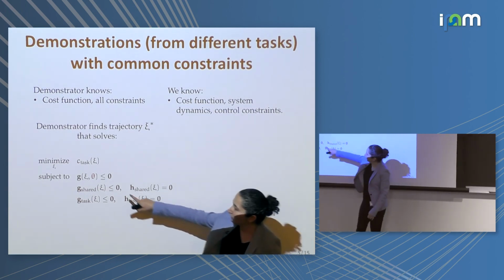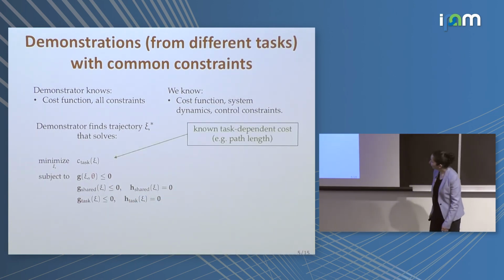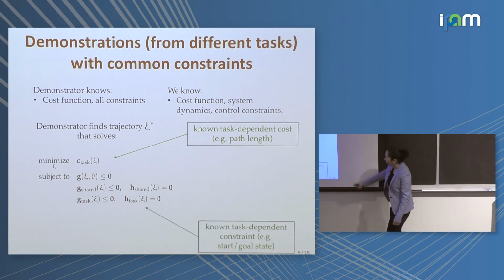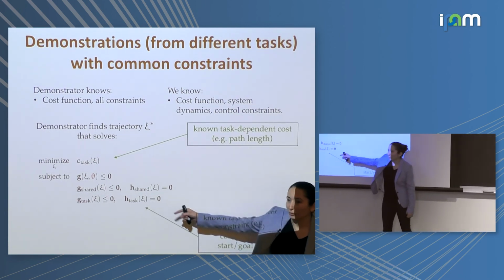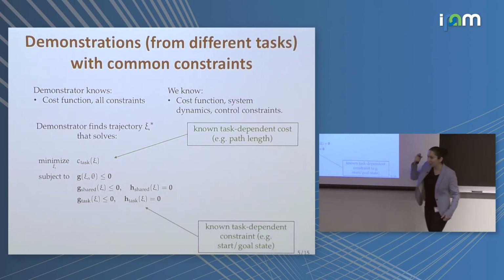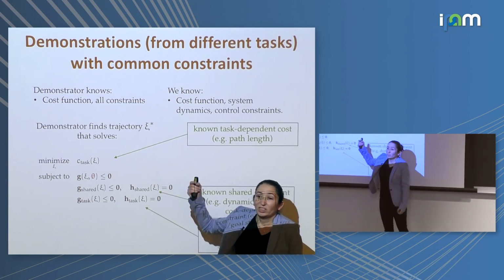And we assume there's a parameterization of my constraints. So, known possibly task-dependent cost. Known possibly task-dependent constraints. For example, if you are trying to reach from one point to the other, these could be your start and goal points. There are some known shared constraints.